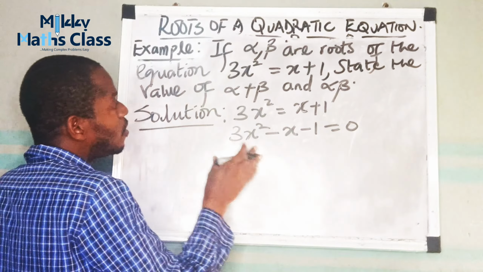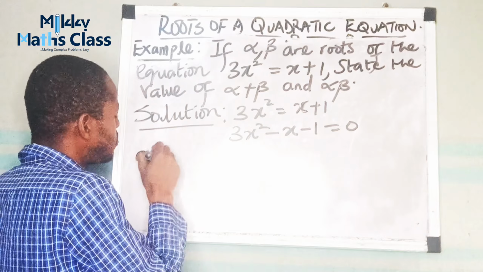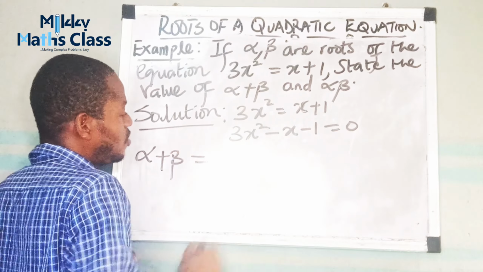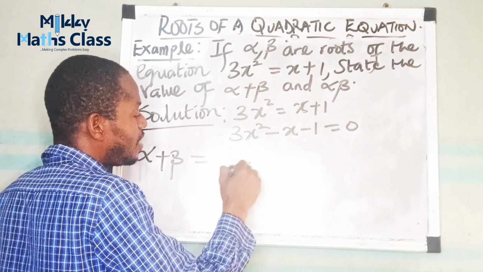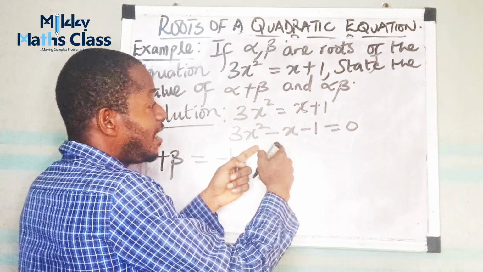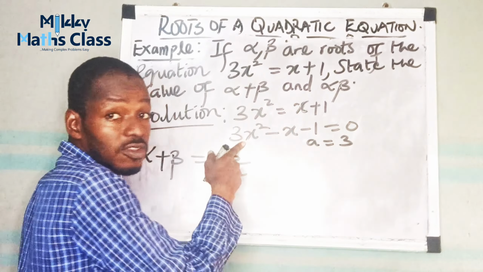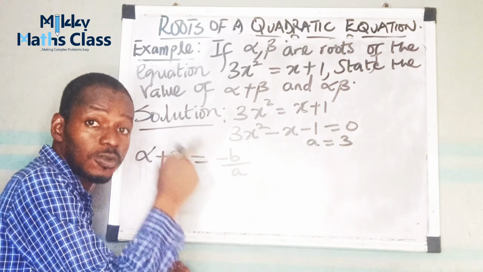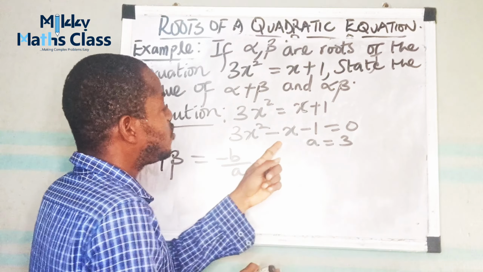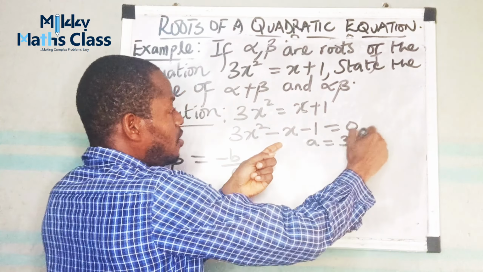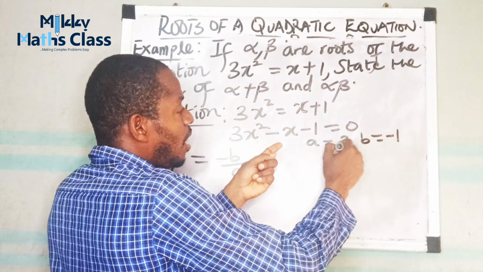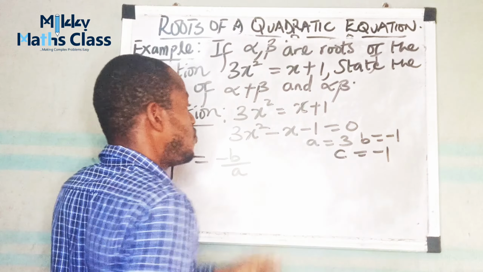So now we already know that the sum of our roots is equal to -b over a. Now from here, our a is equal to 3. That's the coefficient of x squared. What is in front of x squared? What is multiplying x squared? The coefficient b here is -1, and our c is also -1.